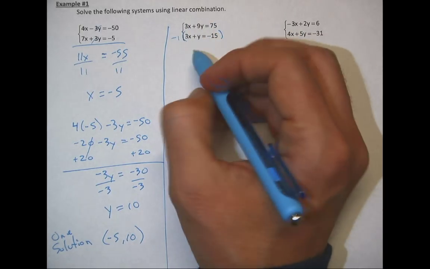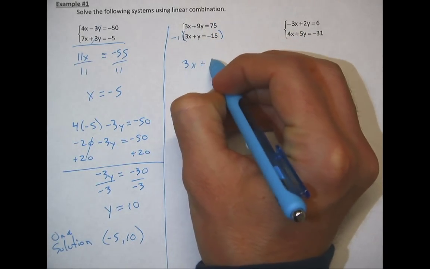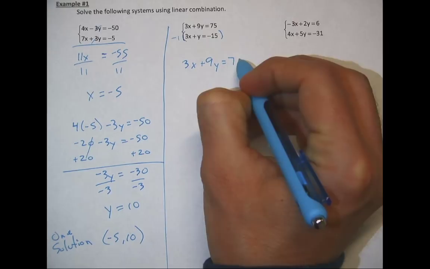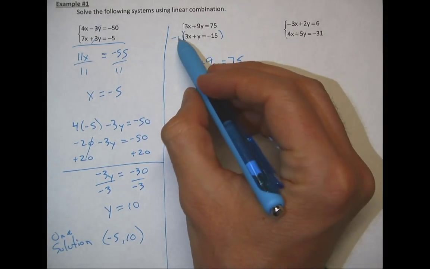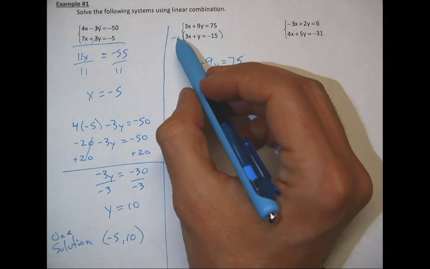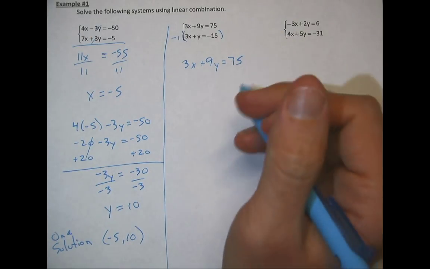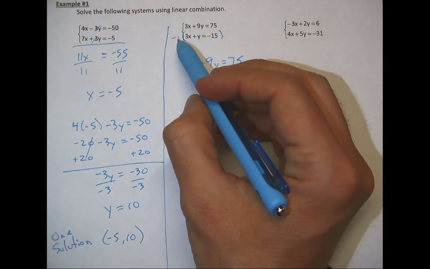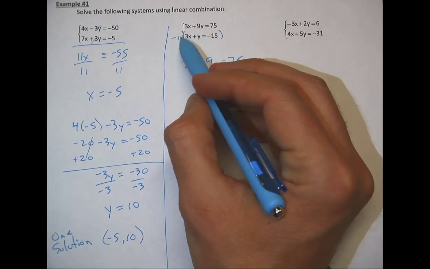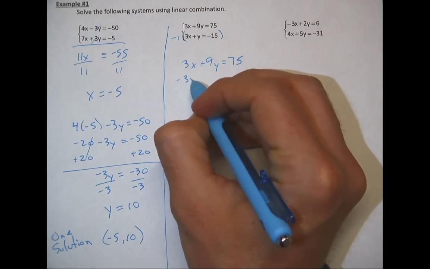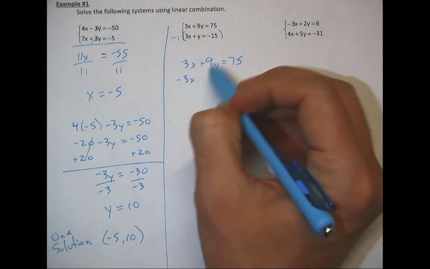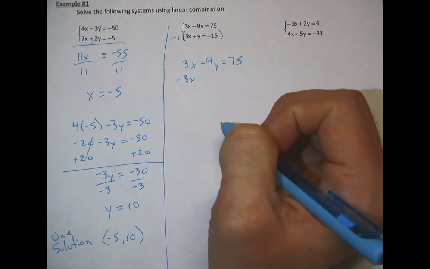Let me show you. So I'm going to bring down the first one. And now as long as I multiply all of this equation by the same number, I have an equivalent equation. I haven't changed it in essence. And so the reason I did this is because now when I do multiply, I get a negative 3x, which if I add these equations together, will cancel.